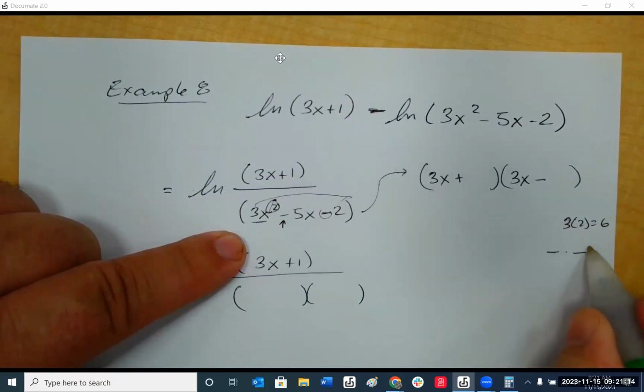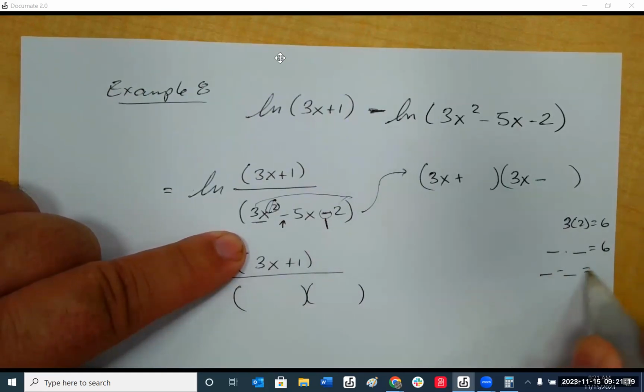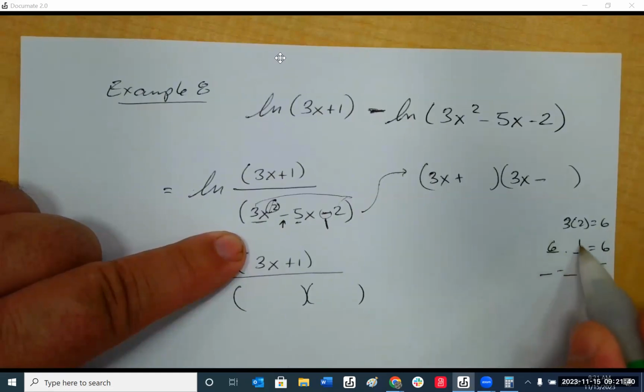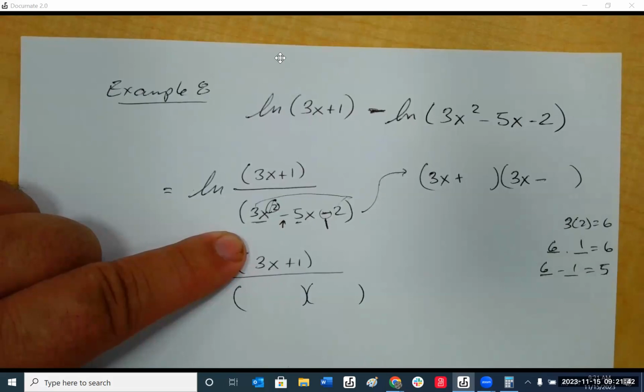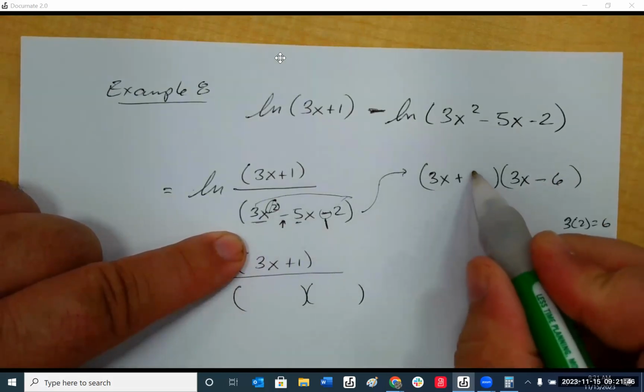What two numbers multiply to give me 6, and when I subtract them, I get 5? 6 and 1. 6 times 1 is 6. 6 minus 1 is 5. The bigger number gets the negative. So that's a 6 and that's a 1.